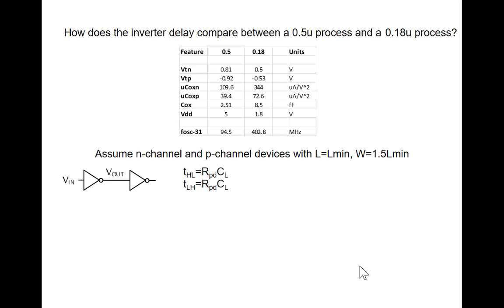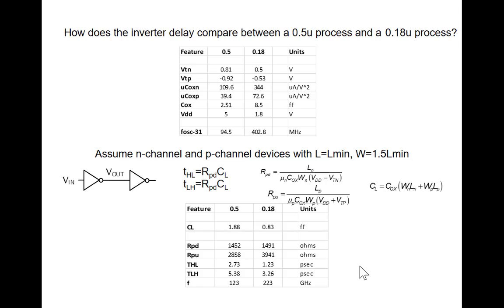If you look at T high low and T low high, they're all R pull down and R pull up times CL. At the beginning of the period, we talked about what the R pull up and R pull down are. So we can calculate what R pull up and R pull down are for the 0.5 micron process and for the 0.18 micron process.